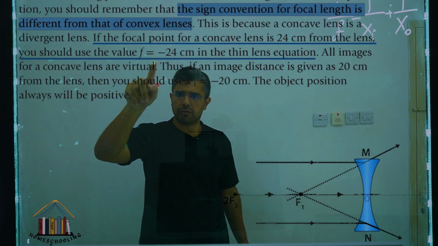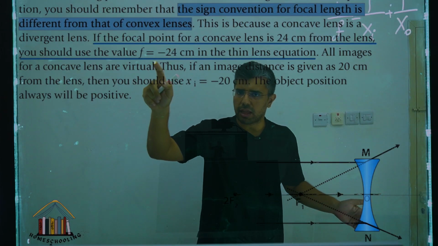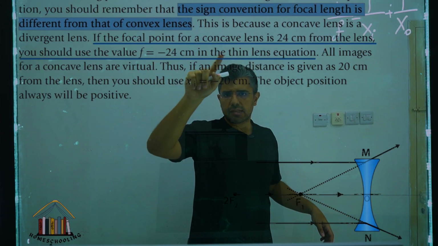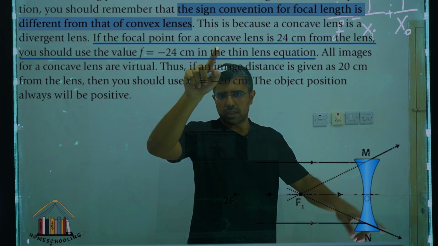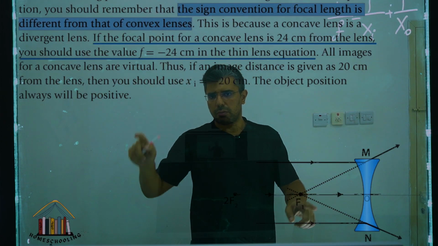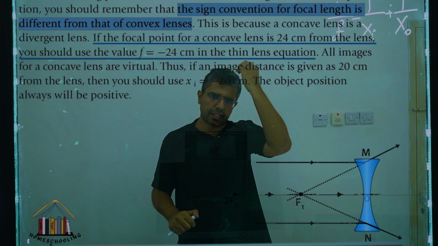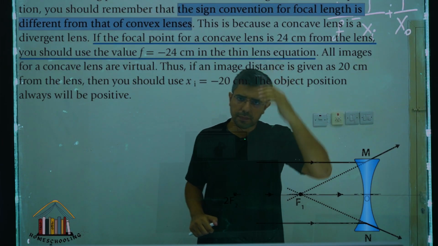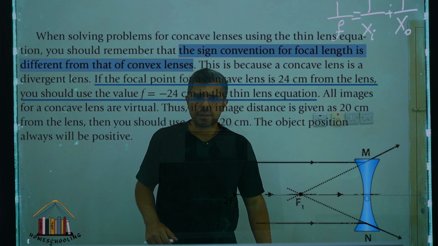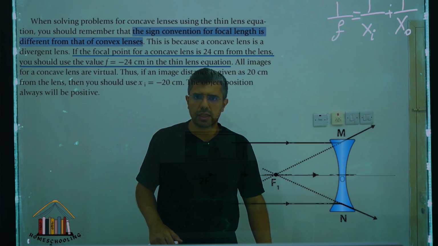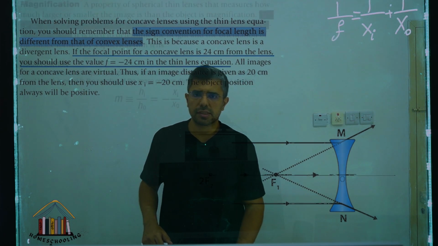That's a convention. That's how they agree together, that the focal point in the case of a concave lens has to be a negative value, minus 24, because it's on this side of the lens. That's an important equation that will be used later when we are solving the questions.